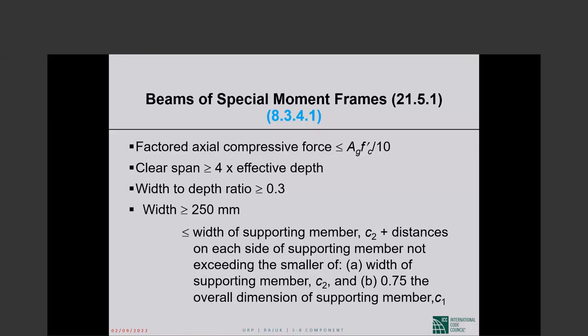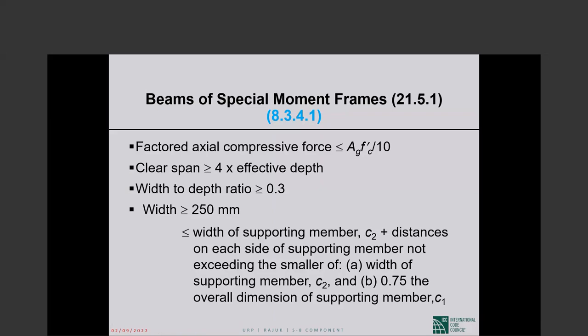And the distinction that ACI 318 has drawn pretty arbitrarily is that if a member is subject to factored axial compressive force larger than 1/10 Ag f'c, gross cross-sectional area multiplied by the specified compressive strength, then it is a column. As long as the factored axial force is less than or equal to 1/10 of Ag f'c, it is a beam.